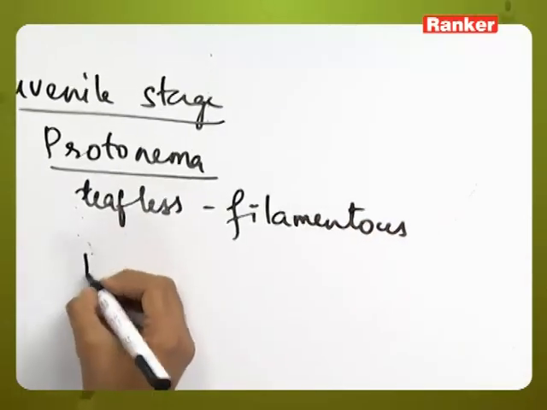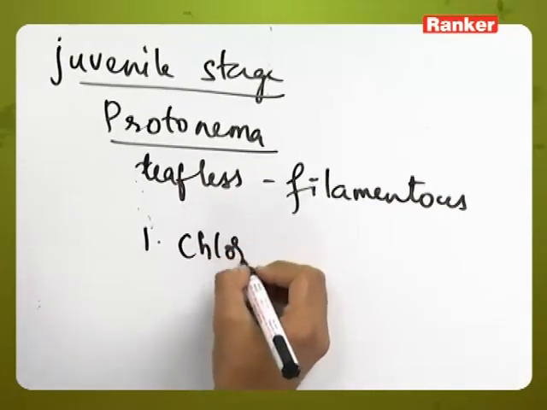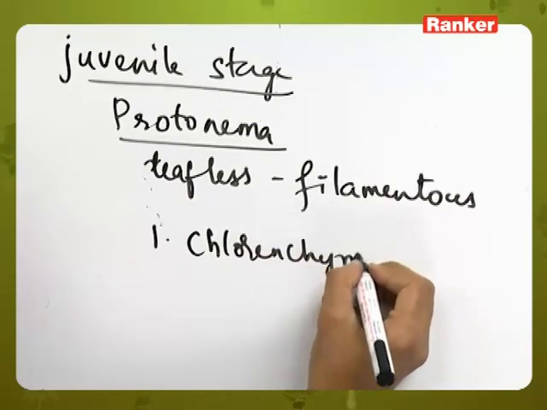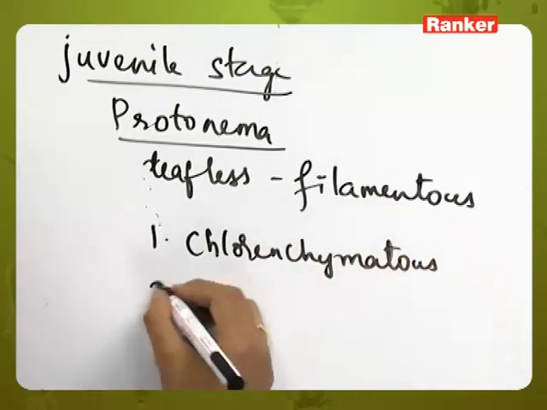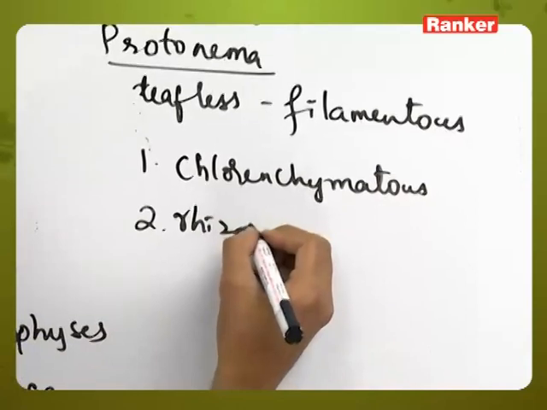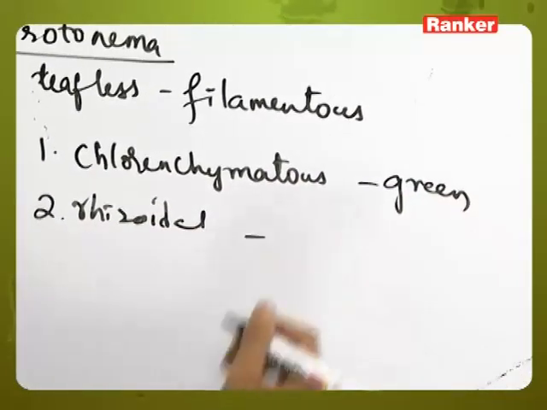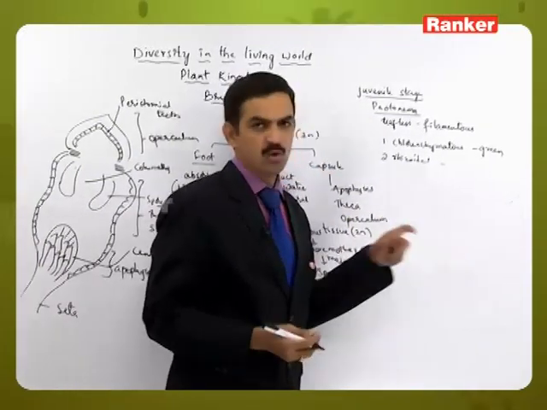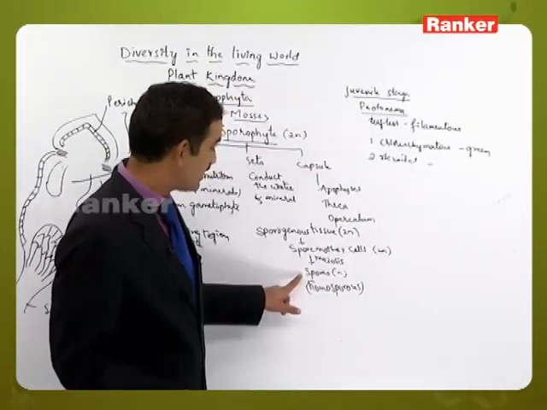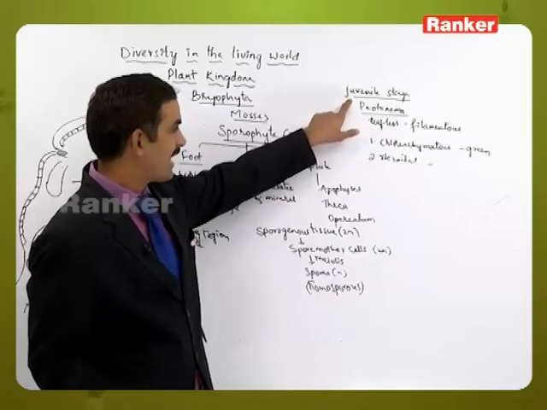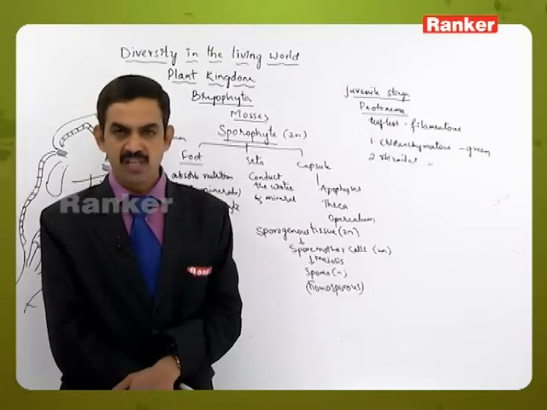It contains two types of filaments. One is called chlorenchymatous filaments and the other is rhizoidal filaments. Chlorenchymatous filaments are aerial and green, whereas rhizoidal filaments are non-green and grow into the soil. So the spores, when they germinate, form the juvenile stage of the gametophytic generation.